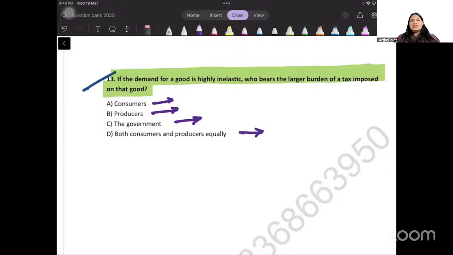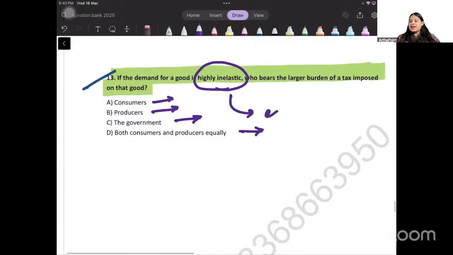It is saying demand is highly inelastic. Inelastic माने example medicines.